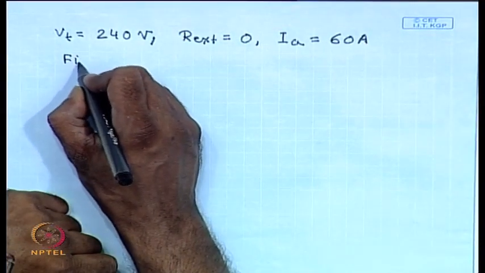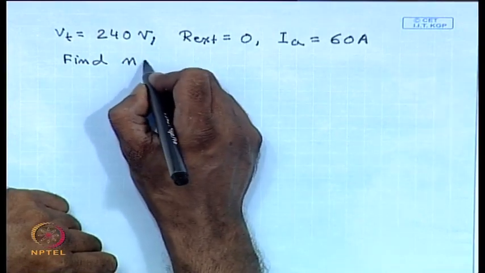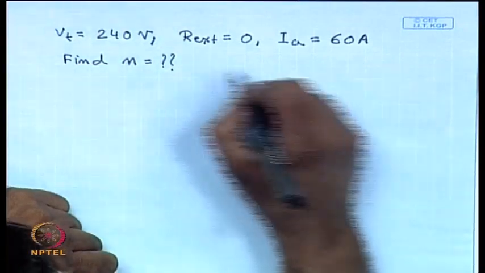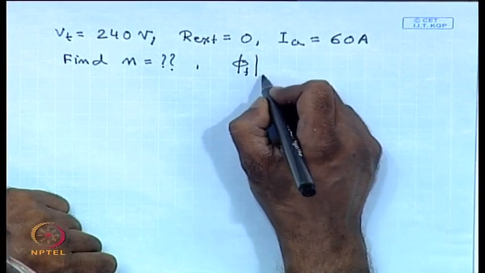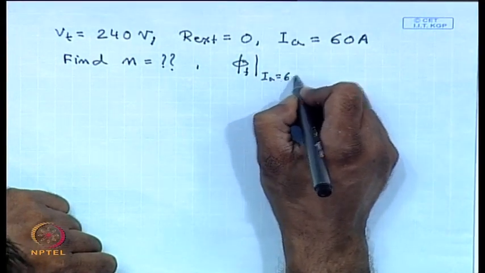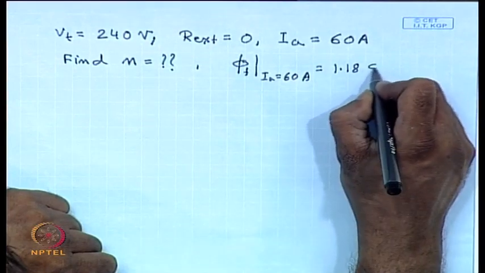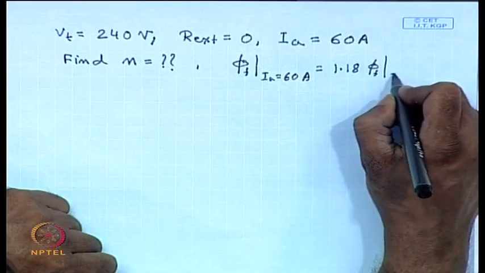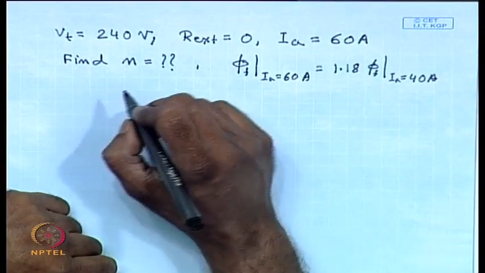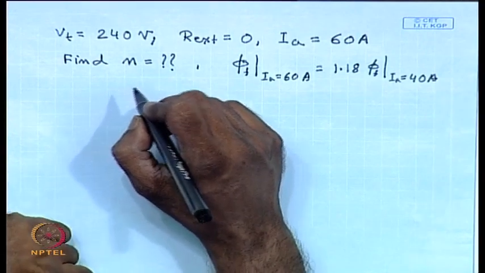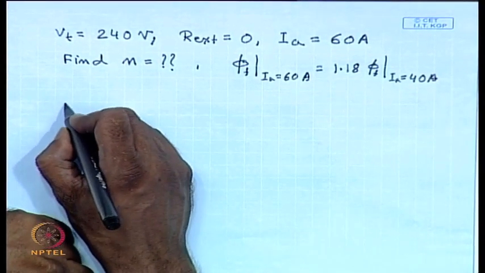Find N. It is also given that phi f at I A equal to 60 ampere equal to 1.18 times phi f at I A equal to 40 ampere. So, for that let us first find out what will be the induced voltage E.